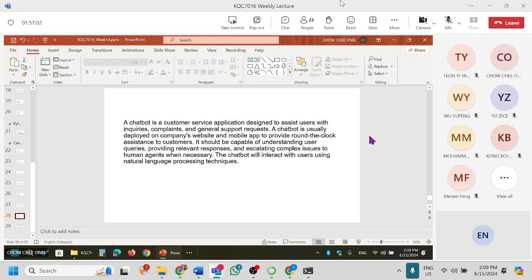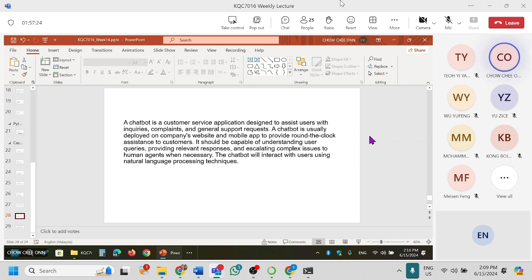Okay, a chatbot is a customer service application designed to assist user with inquiry, complaints, and general support requests. I think ChatGPT is very much like a chatbot as well. Okay, but it's a more powerful one. Okay, so yeah, so I think what is important is the last part.